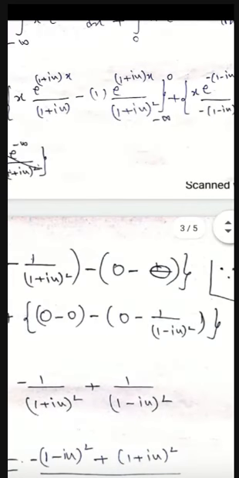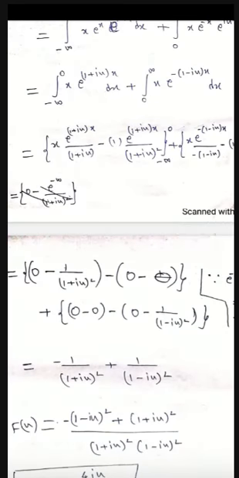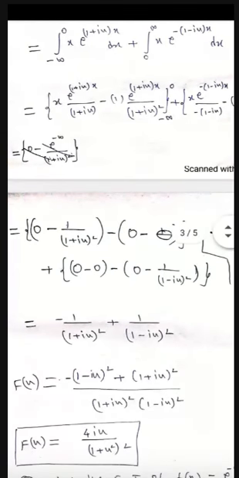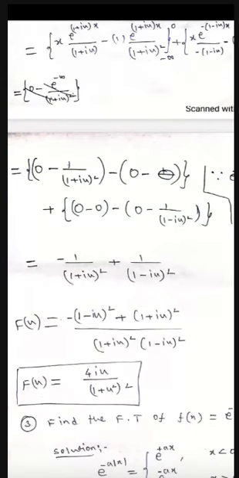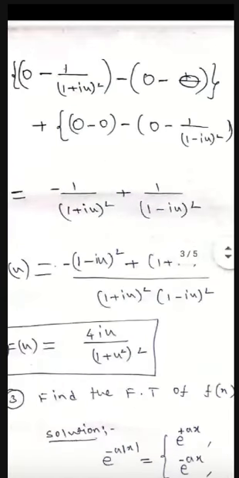So totally you will get minus 1 by (1 plus iu) whole square plus 1 by (1 minus iu) whole square. If you solve, you will get f of u is 4iu divided by (1 plus u square) whole square. Suppose you are not able to solve, you can keep the last term as f of u.